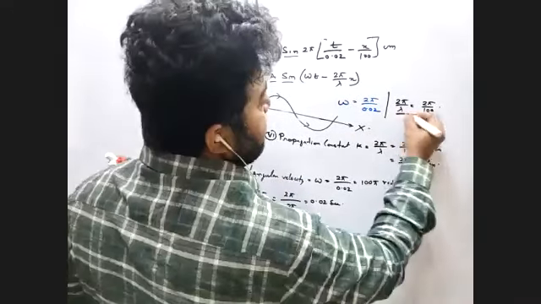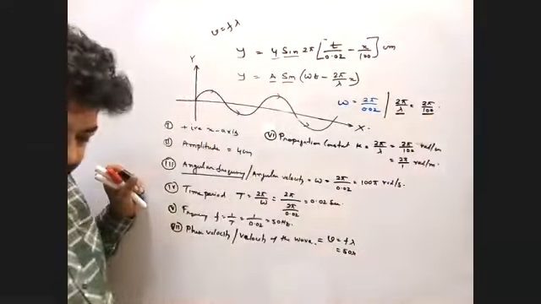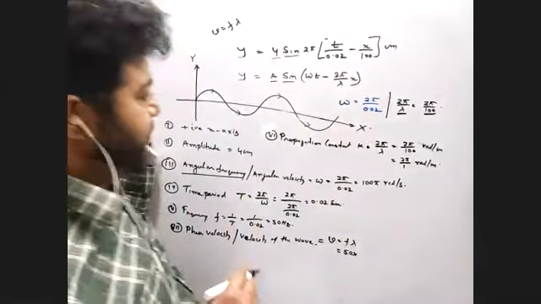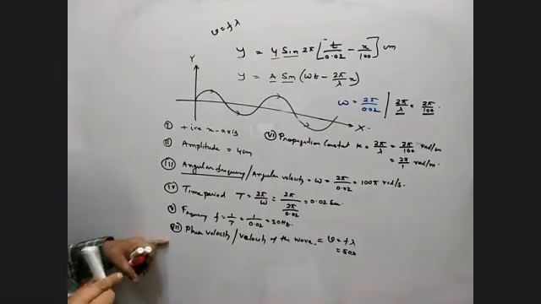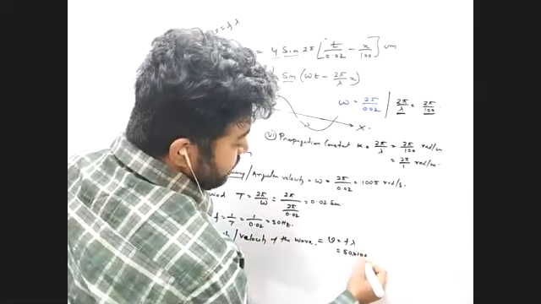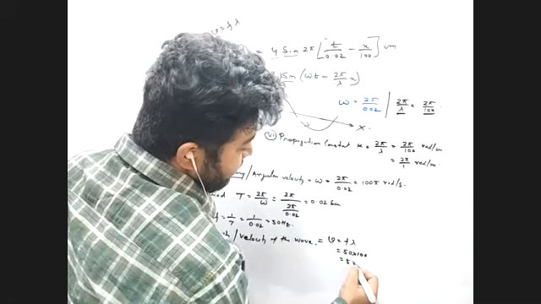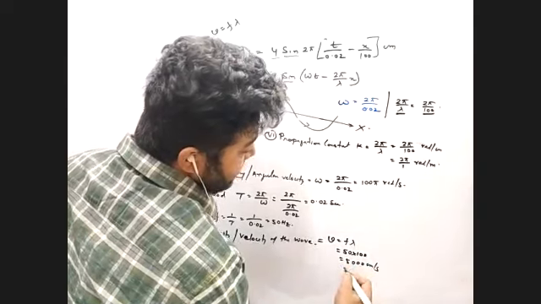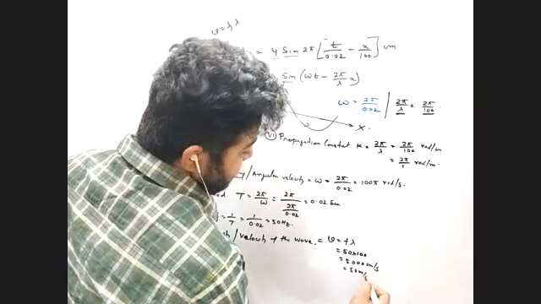See, lambda equals 100, right? Is it clear? Yes, sir. So 50 into 100, what you have, write 5000 centimeter per second or 50 meter per second.